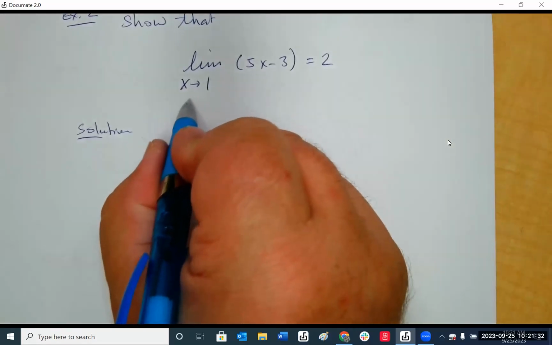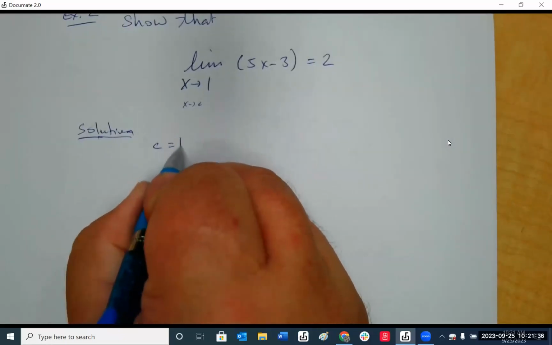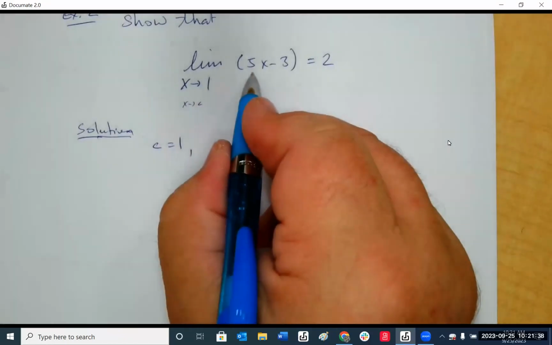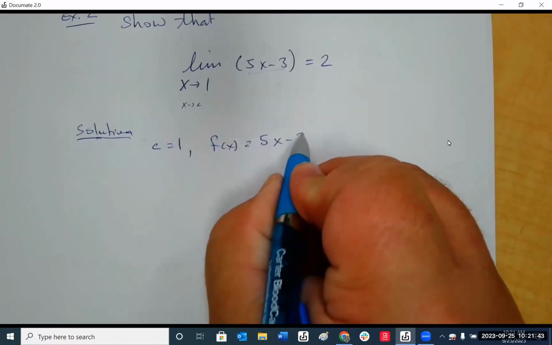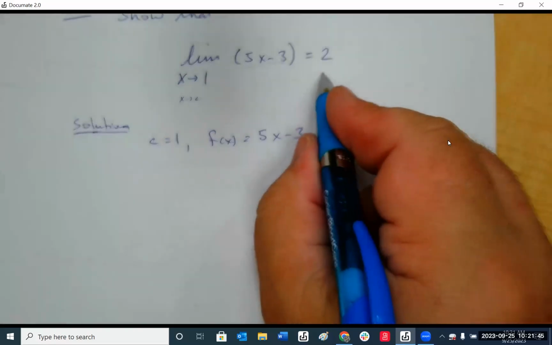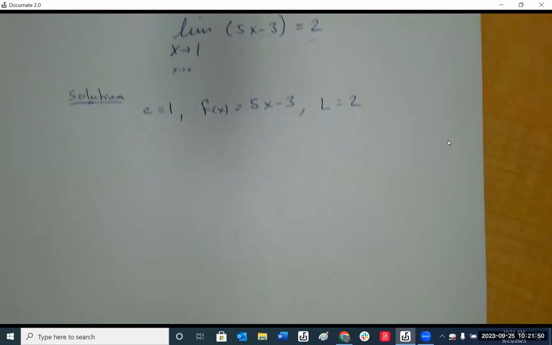Remember, this is as x approaches c, so we know our c value is equal to 1. Our f of x is 5x minus 3. Our limit is 2.